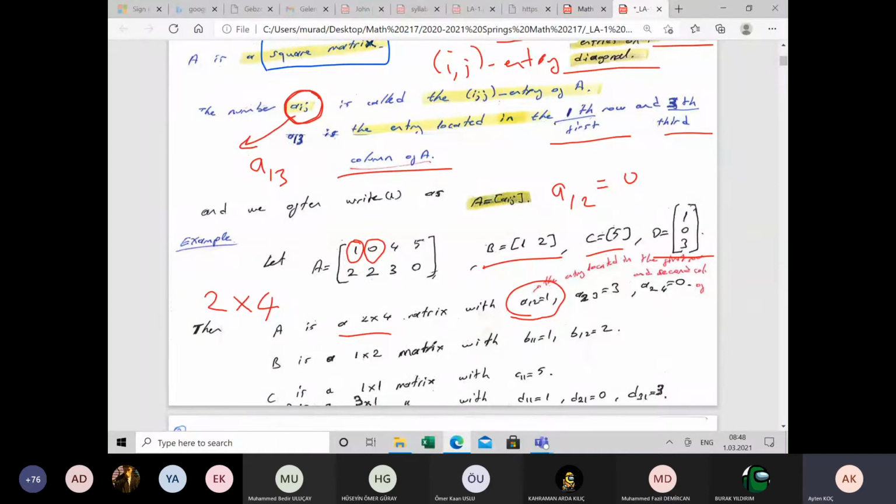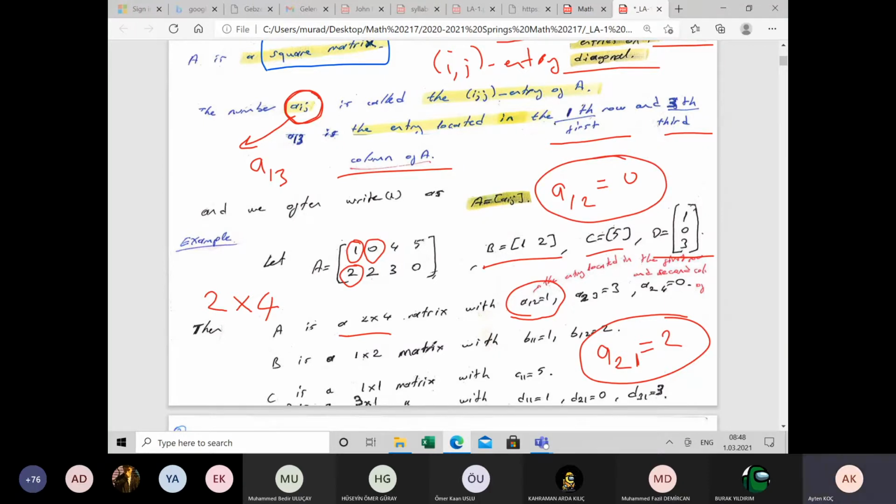And look at this one, a sub 2,1. What does it mean? Look at the second row, first column, and this one is 2. So a sub 2,1 is 2, but a sub 1,2 is 0. Be careful, order is important.